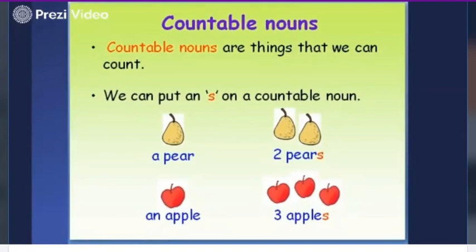Now, countable nouns, you can put an S to transform them, and you can use the article a, a pear, a book, to identify a singular, or you can use the article an to talk about a singular, an apple.